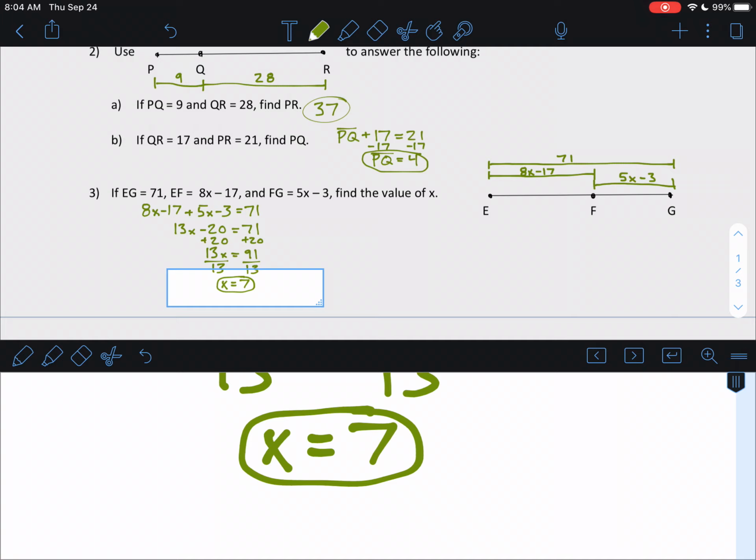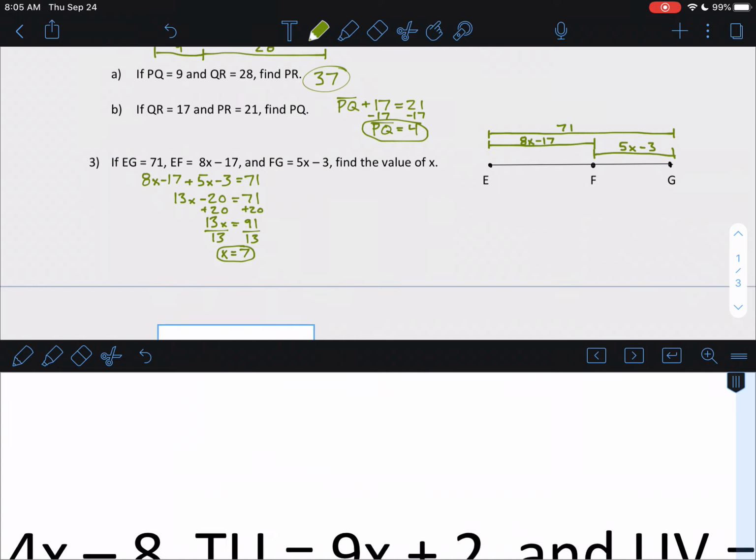But let me know if it's not, like come to my office hours or something. And I'm actually looking at it now. I have it printed off in front of me. It looks like there's a few problems where they throw a little extra information at you. So they're telling you the length of segments that you really don't need to be able to solve the problem. So be careful with that.